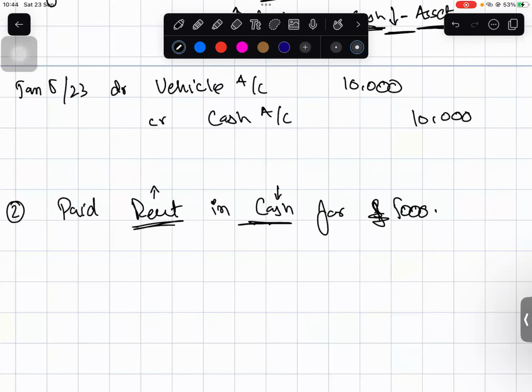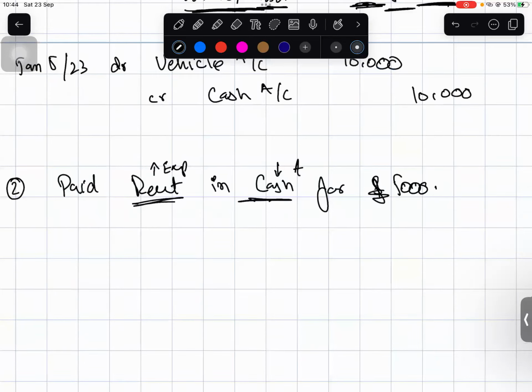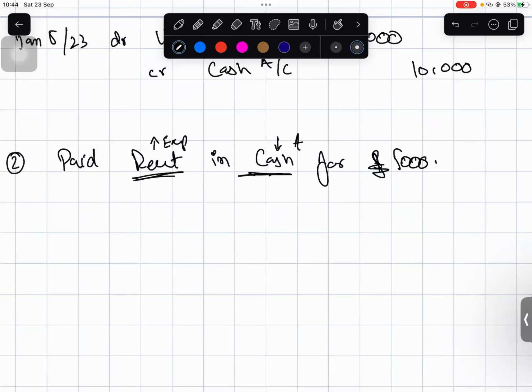Okay, now what is cash as we discussed in the previous? It is an asset. And what about rent? What is rent? An expense. Absolutely. Perfect. Now let's just record the journal entry. Rent, which is an expense, is going up, so we will debit the rent account by 5,000.